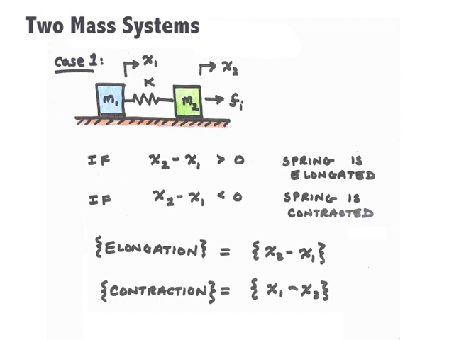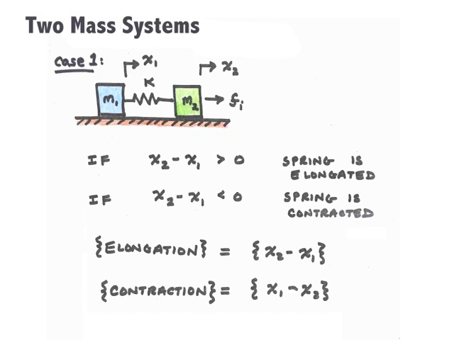If x2 minus x1 is less than 0, then x1 has moved farther to the right than x2, and the spring has contracted. So elongation is x2 minus x1, and contraction would be x1 minus x2. Of course, negative elongation is positive contraction.